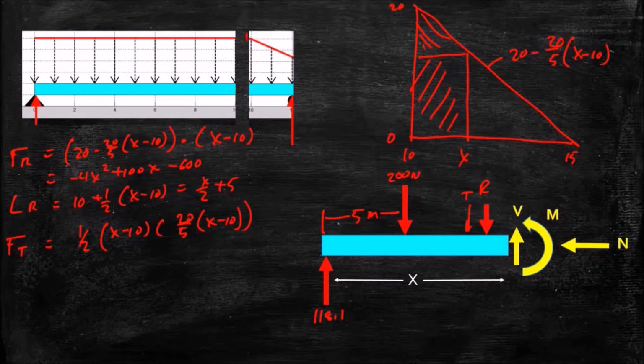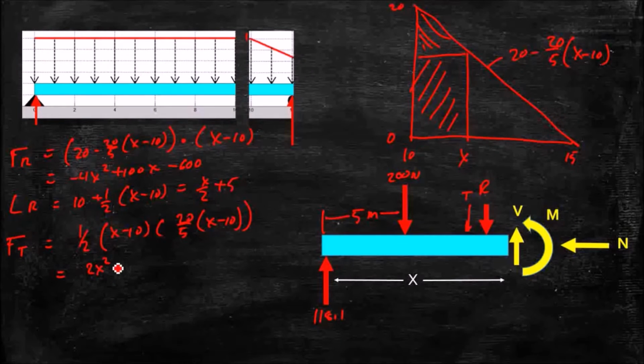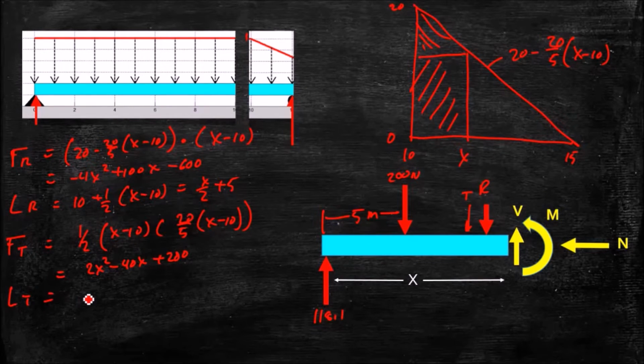There's no guarantee I didn't make a mistake. And that's equal to 2x squared minus 40x plus 200. And the location is equal to 10 plus 1/3. Why did I write 1/2?